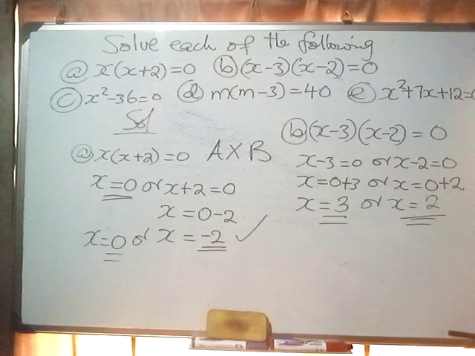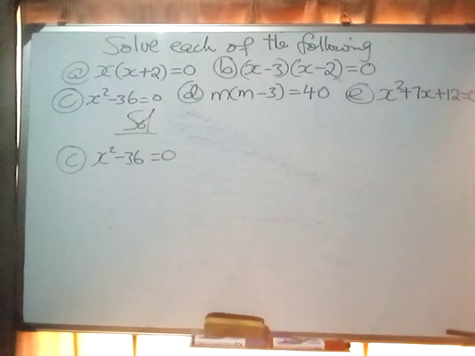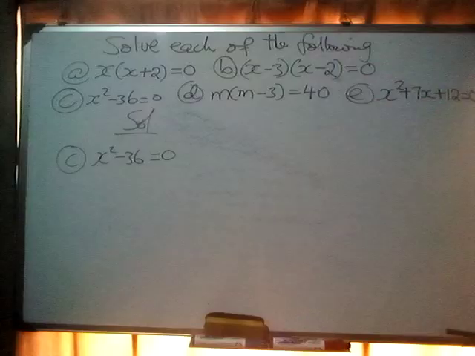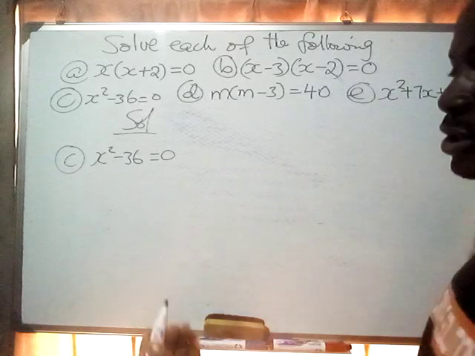Let us go to question C. Question C is x squared minus 36 is equal to 0. This can be worked out in two ways.